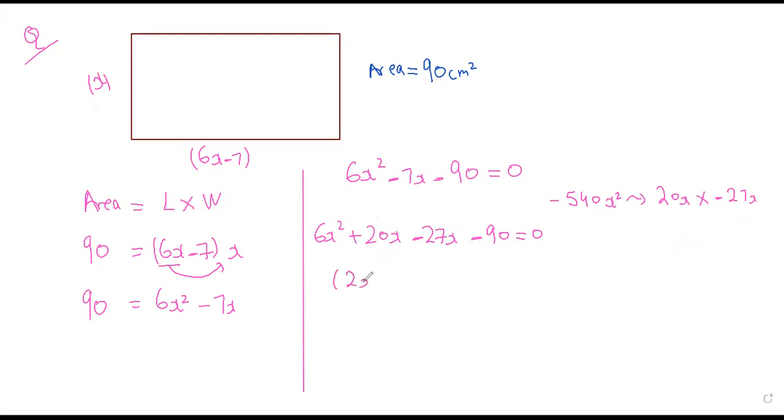So it would give me 2x minus 9 and it would give me 3x plus 10 equals 0. And finally, when I will equate them to 0, it would give me x equals 9 by 2 and it would give me x equals minus 10 by 3. So these are going to be my roots of this equation, right?